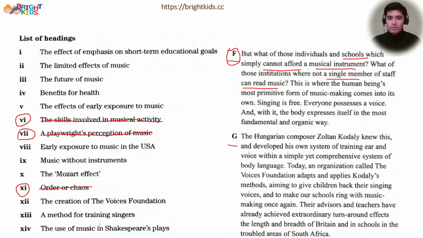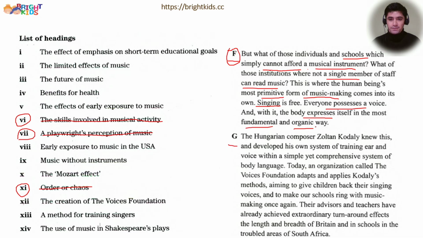This is where the human being's most primitive form of music making comes into its own. Singing is free. Everyone possesses a voice, and with it the body expresses itself in the most fundamental and organic way.